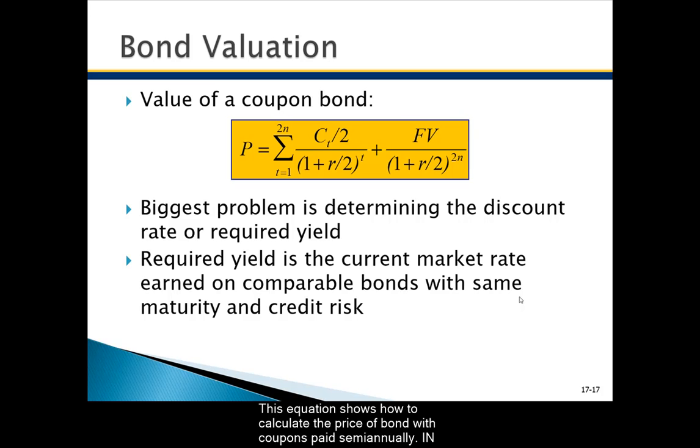This equation shows how to calculate the price of a bond with a coupon paid semi-annually. In the equation, P is the bond price, C is the annual coupon payment, and FV is the face value. R is the discount rate. The key of bond pricing is determination of the discount rate, which involves consideration of maturity and default risk.